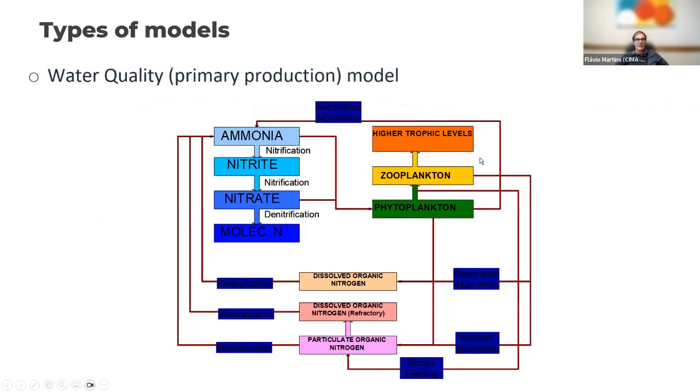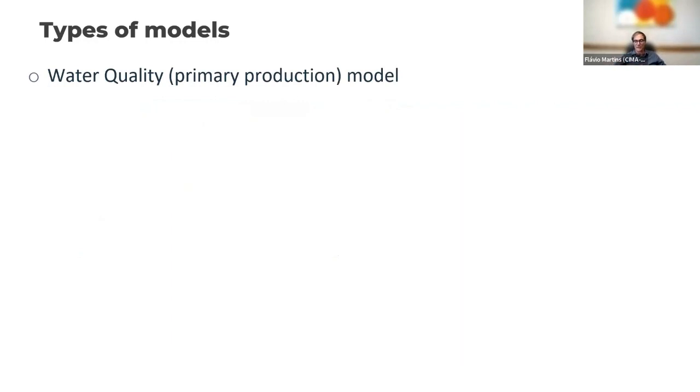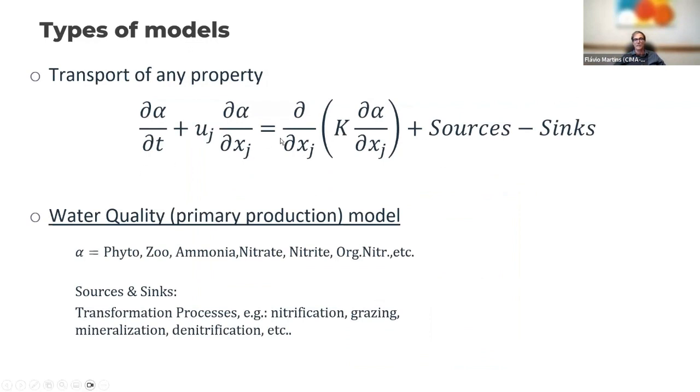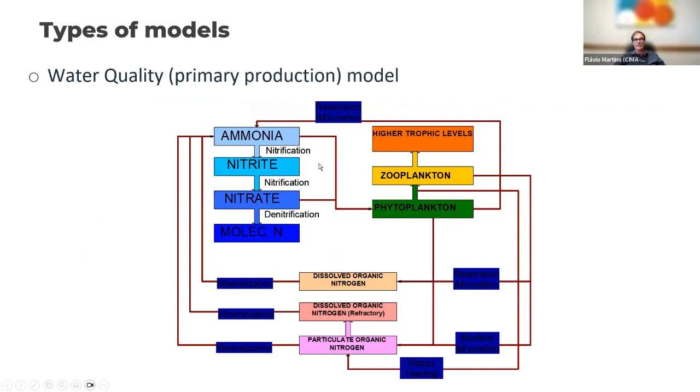So basically, if you have a biogeochemical cycle like this, every one of these boxes is a property, a concentration of some property that is moved in the system using these equations. You have one equation for every property, and all these arrows, these connections, are the sources and the sinks.